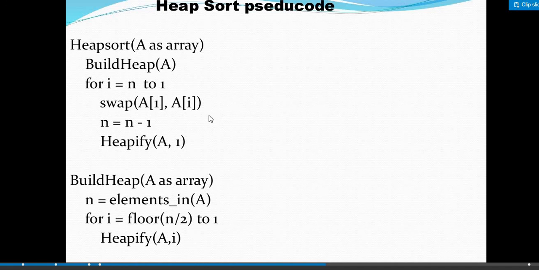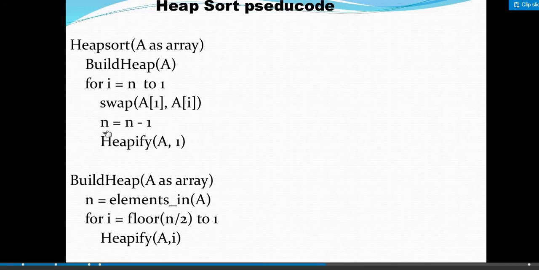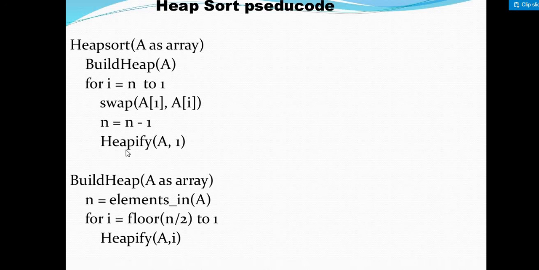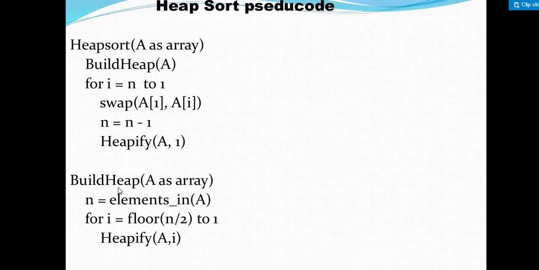When we are making the tree, it will check for all the numbers, and each and every number should satisfy the heap condition, and it goes up to n minus 1, and then we heapify. Heapify means that we are making the tree first, and then we have to sort the elements.